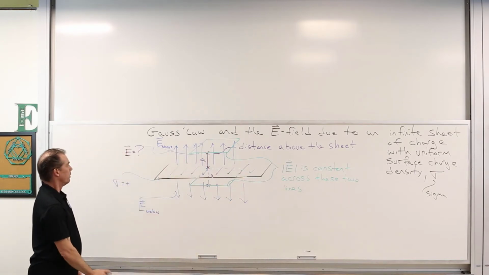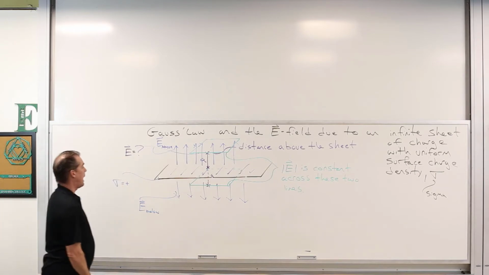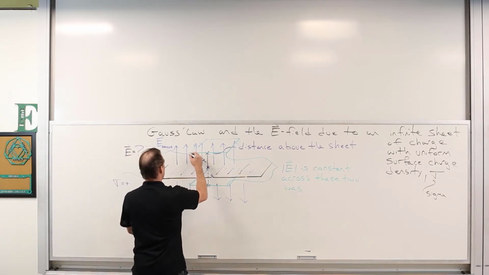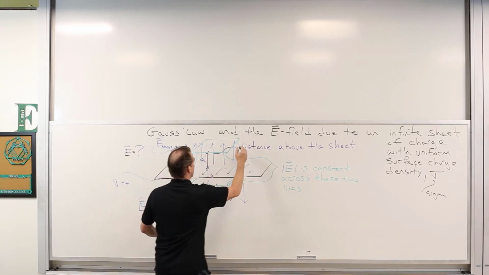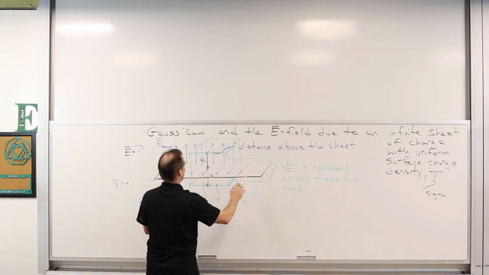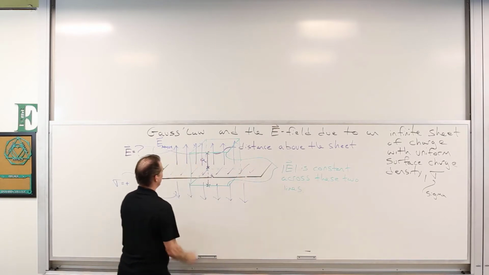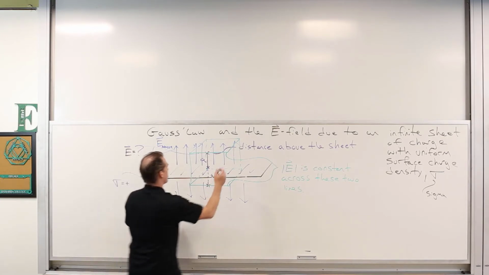Great, and then what can we do? Well, we need this to be a closed surface. So what happens if we just kind of connect these? And say, hey, I'm going to connect that, I'm going to connect that, and this one.